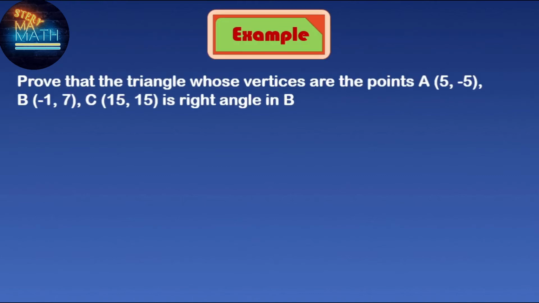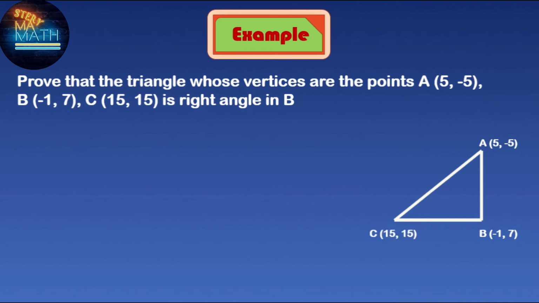Prove that the triangle whose vertices are the points A (5, -5), B (-1, 7), C (15, 15) is right angled at B. Now let's imagine the triangle and its vertices. A is (5, -5), B is (-1, 7), and C is (15, 15).